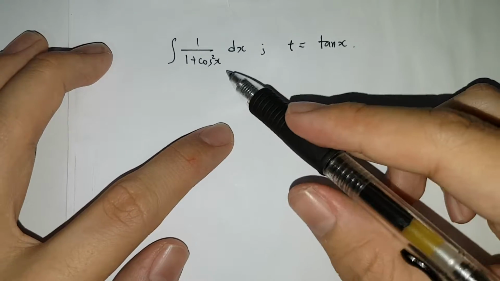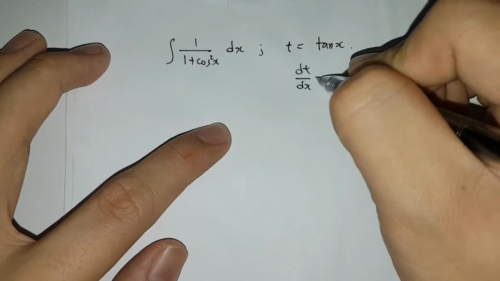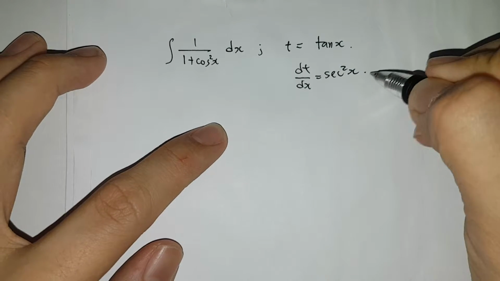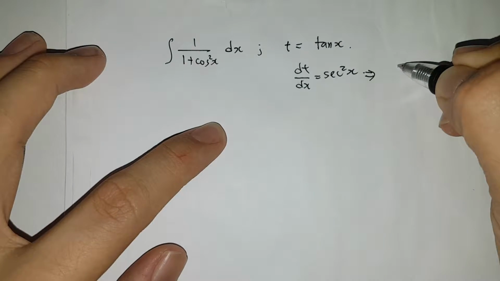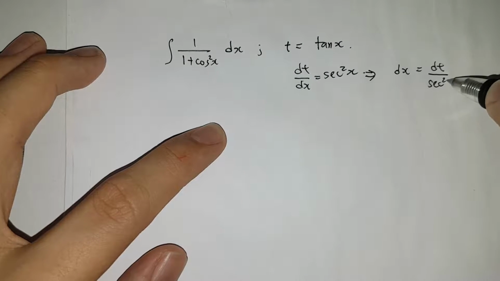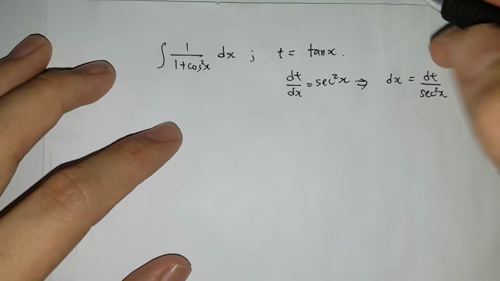Alright, so just differentiate dt with respect to x and you will get secant square x, right? Now we know that from here my dx is actually equal to dt over secant square x, and this basically means you can substitute this into this expression.